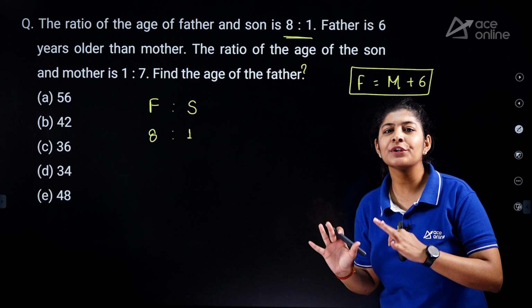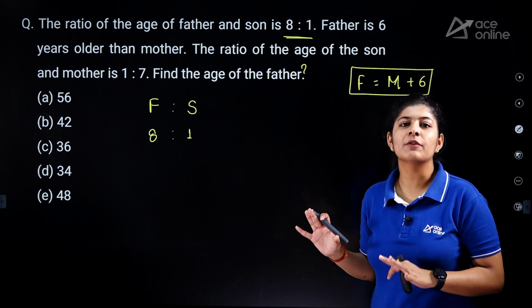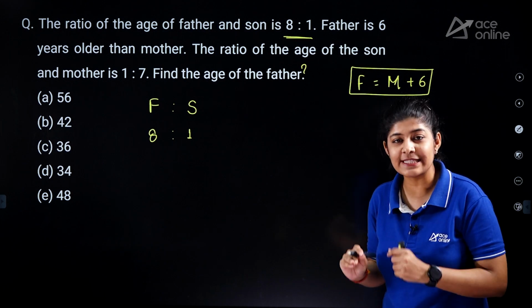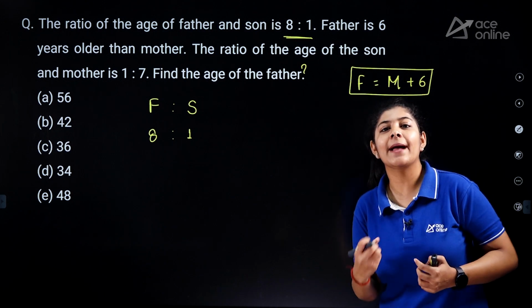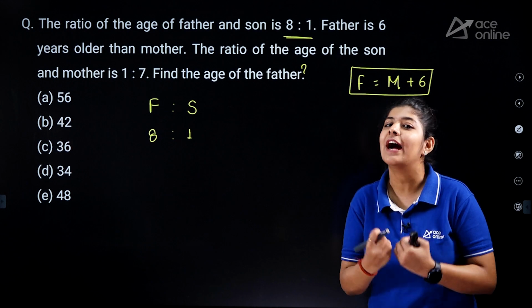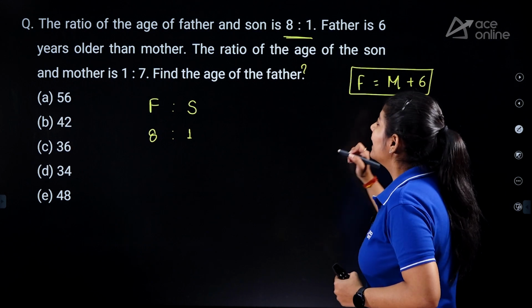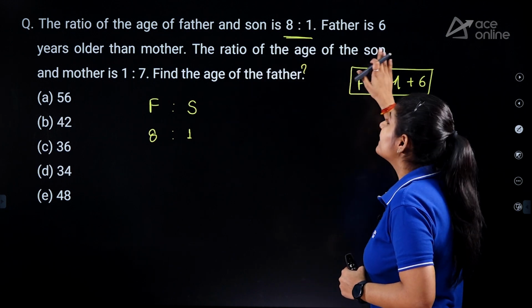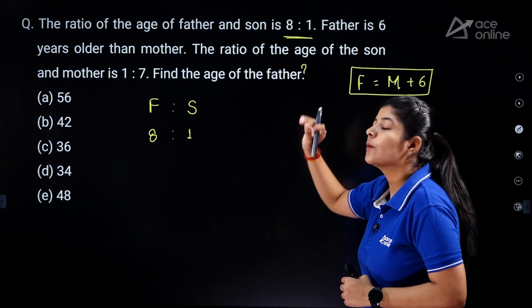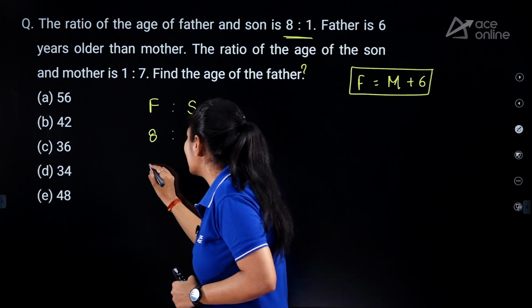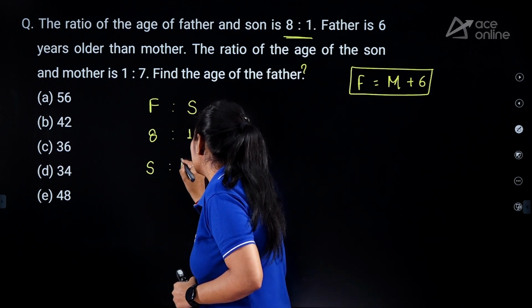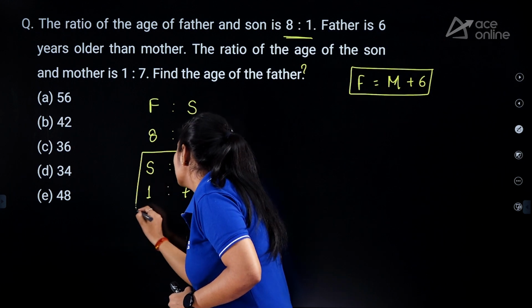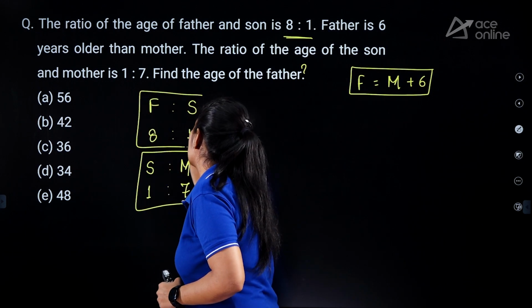We are not going to solve this type of question with the conventional method. We are directly solving it with the short tricks that we have to follow in the examination as well, so that we can save our time, right? In the next line it is given that the ratio of the age of son and mother is 1:7. So we have another ratio between son and mother, and that is 1:7. These two separate ratios are given.